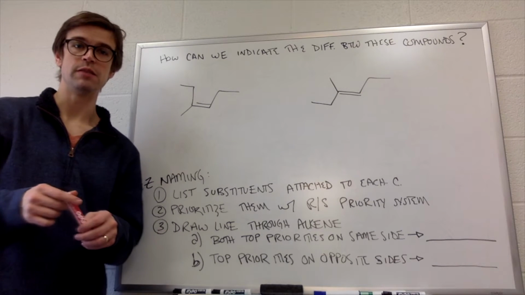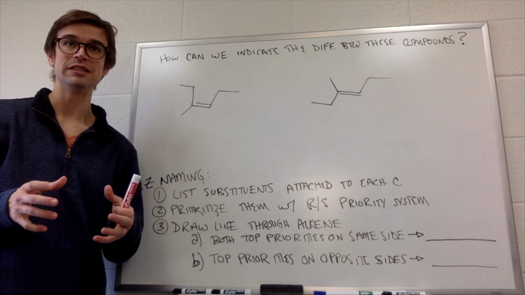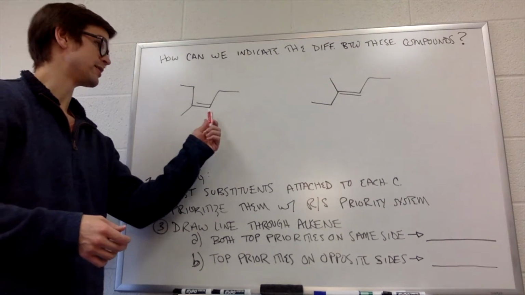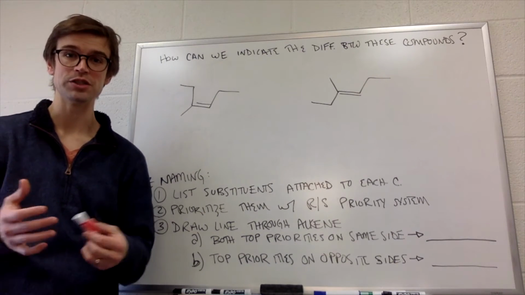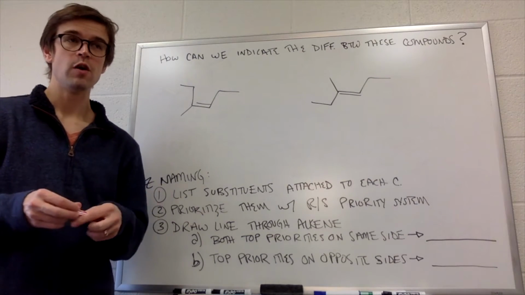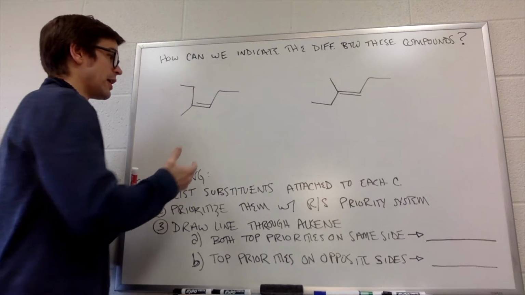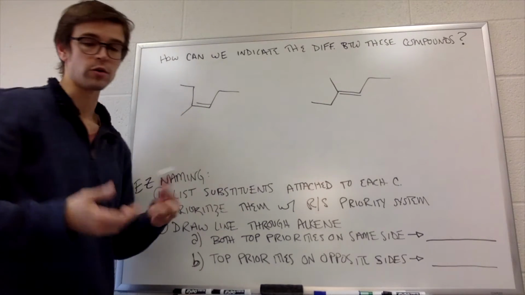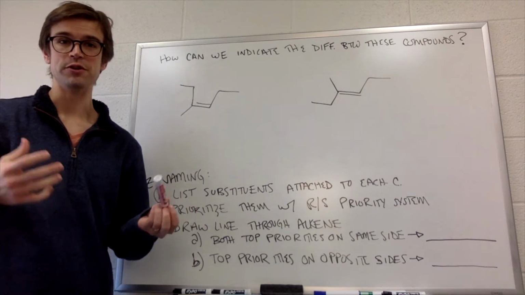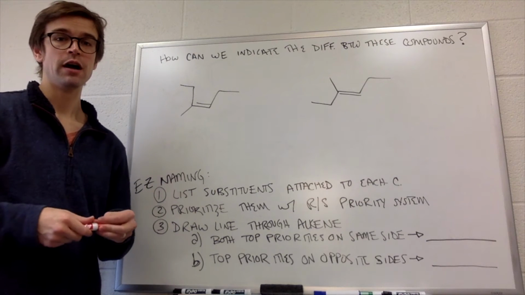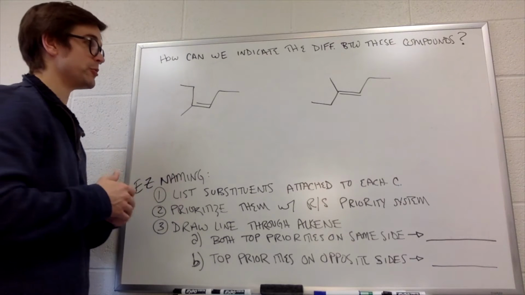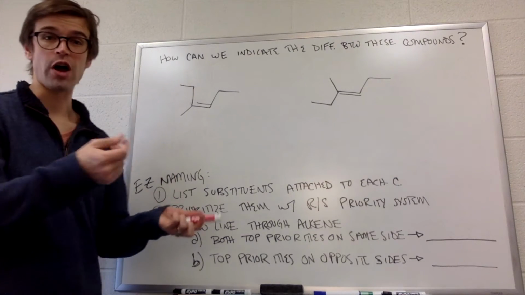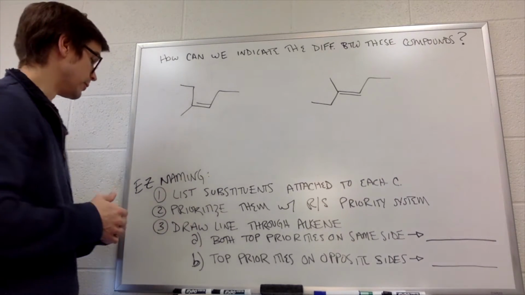We talked about how eliminations can lead to exclusively this one or exclusively that one because of the anti-periplanar situation. But while we were able to previously recognize that that molecule is different than this molecule, we were not able to name them in a way that would explain which one was made without drawing it. So that's what we're going to learn here.